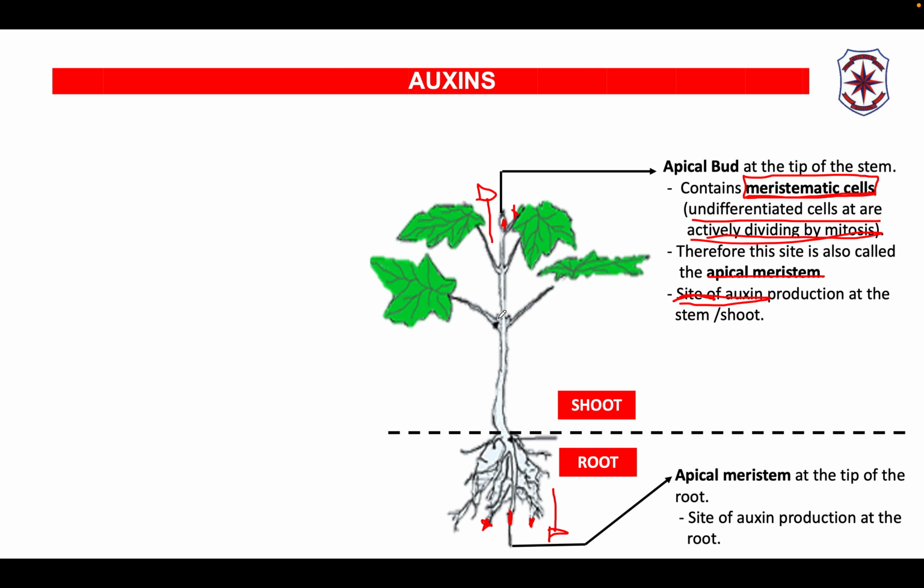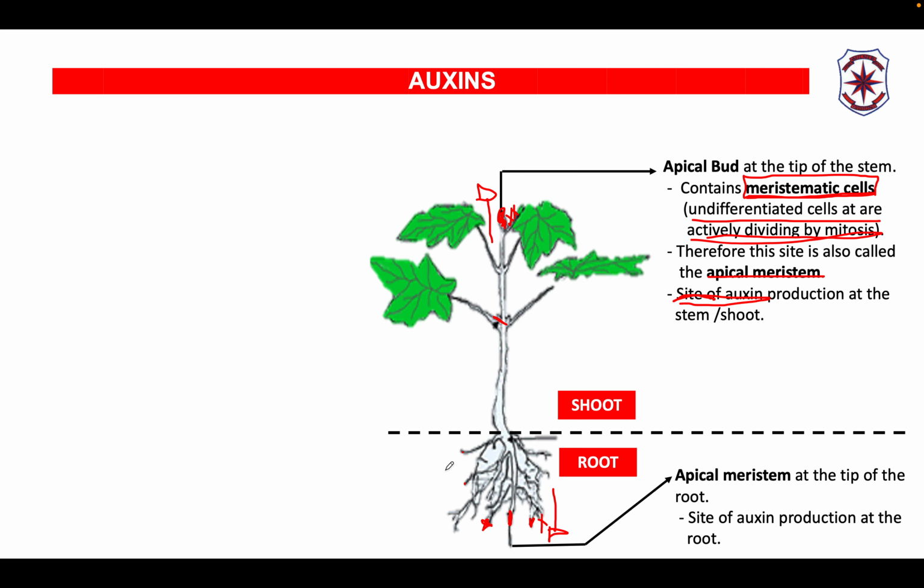There is growth at the lateral buds, at the apical bud at the tip, at the tip of the main roots, and at the tip of the side roots. That's where auxins are produced. But primarily in the plant, most auxins are produced at the tip of the stem and at the tip of the root.